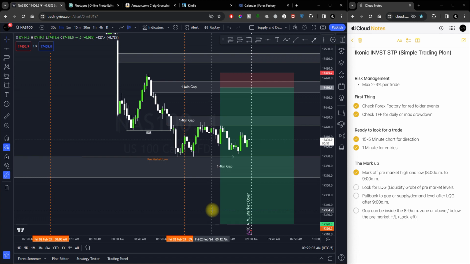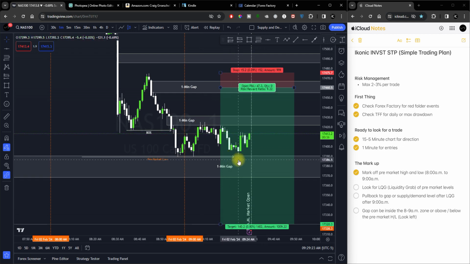So we don't have a liquidity grab yet, even though we don't need the liquidity grab to trade. 9:30's almost here. So I'm sure a bunch of people sold in here, and their stops are in here. And then we have a bunch of people that bought here.